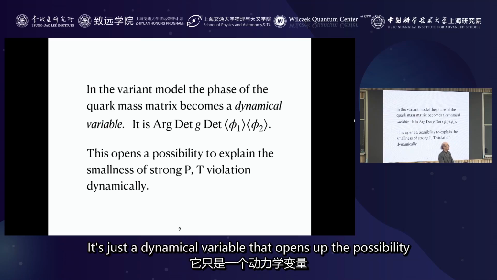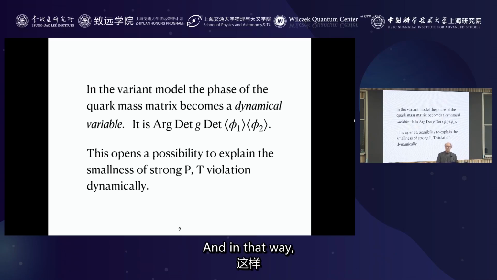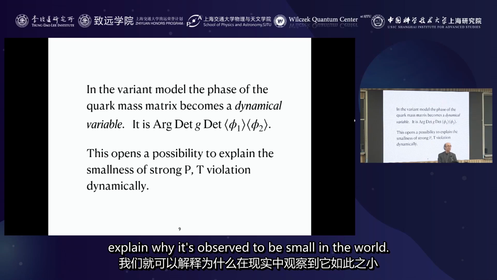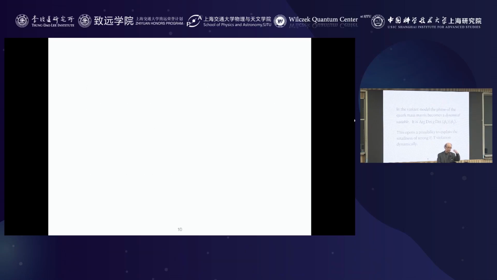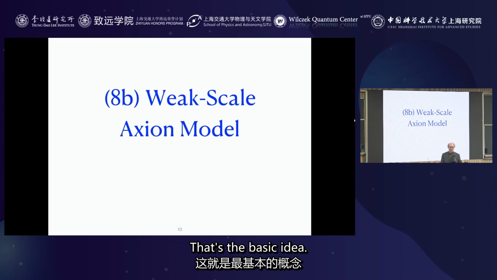And if it's a dynamical variable, that opens up the possibility that evolution settles the variable down to a small value, and in that way explains why it's observed to be small in the world. Okay, so that's the basic idea.